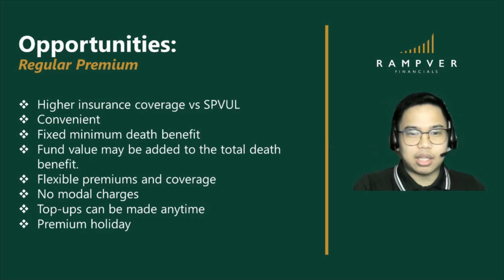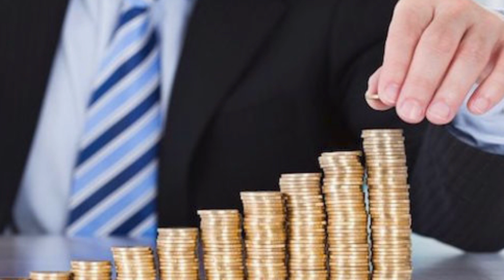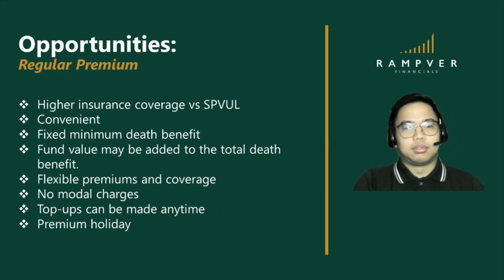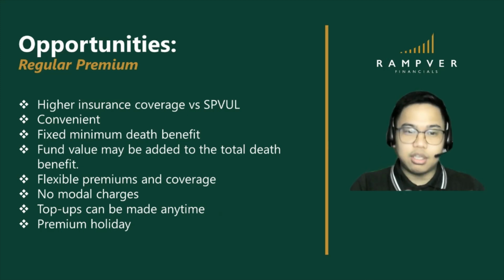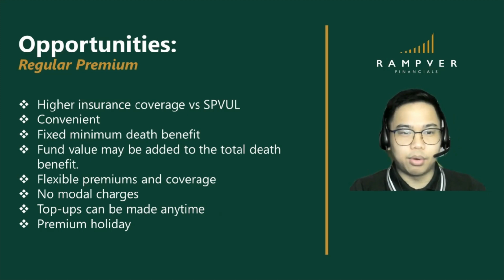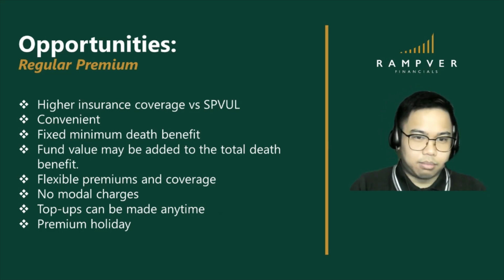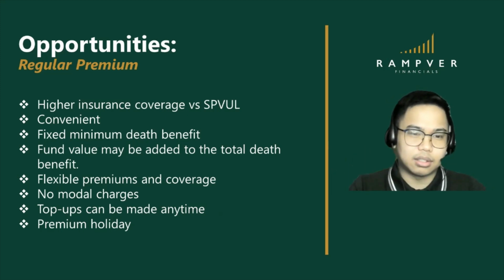Fixed minimum death benefit, again, the minimum is always times 5, but nonetheless, if based on the contract, your sum insured is this amount, then yun po yung i-honor, no? Yan yung pinaka-minimum niya. Kagandahan din po, depende po sa klase ng VUL na kukunin nyo po. On some occasions po, on top of the sum insured, kunyari 1 million, tas may fund value ka na 300,000.